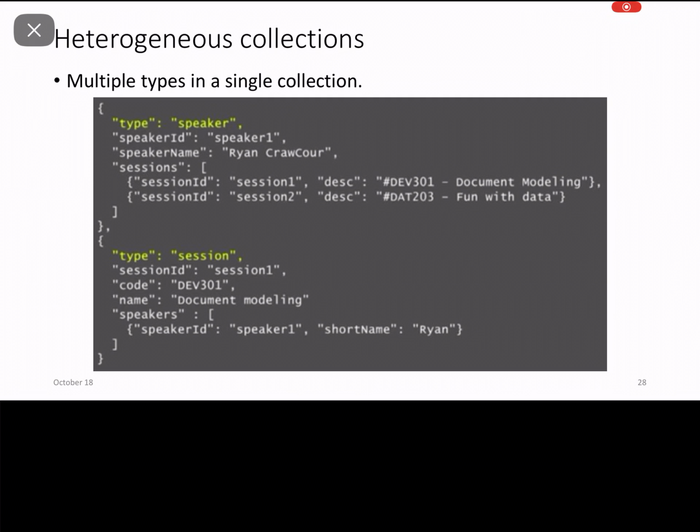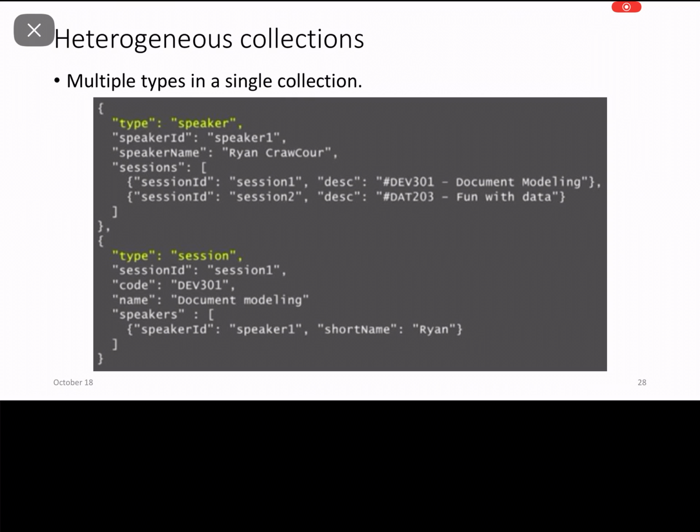For example, you have a document on speaker as well as a document on session. This is only available in Microsoft Azure, where they believe that a collection should contain heterogeneous documents, just like an object. But so far all other NoSQL database providers do not think so. They believe in homogeneous collections.